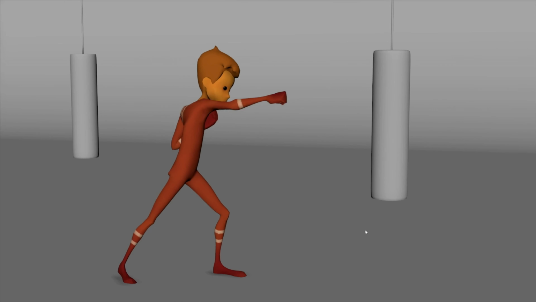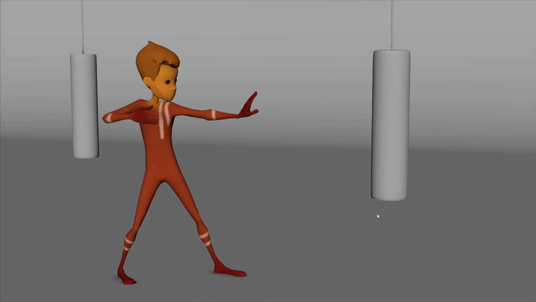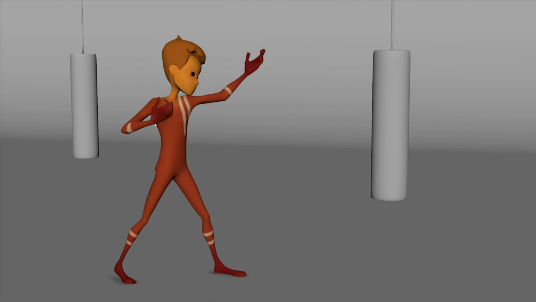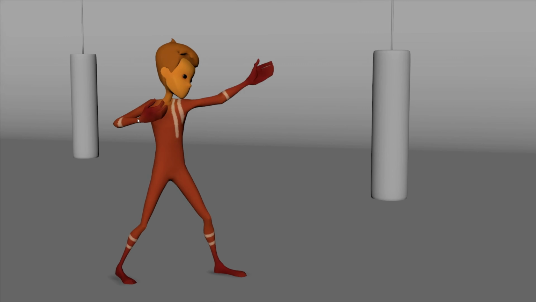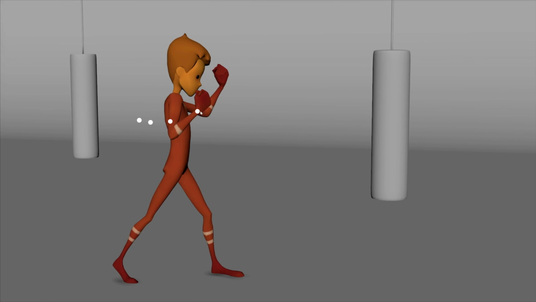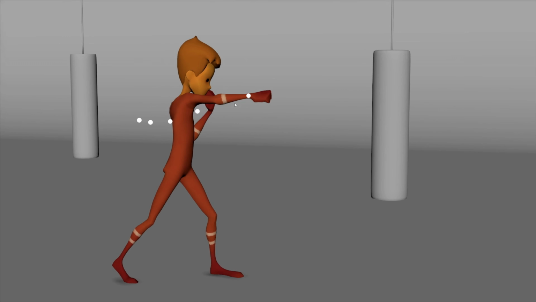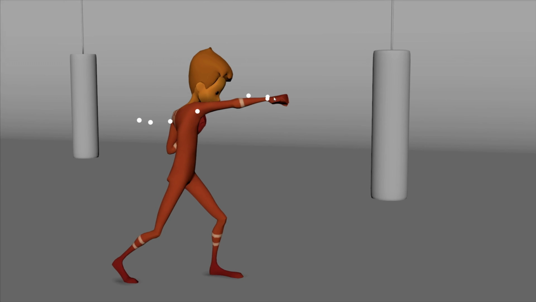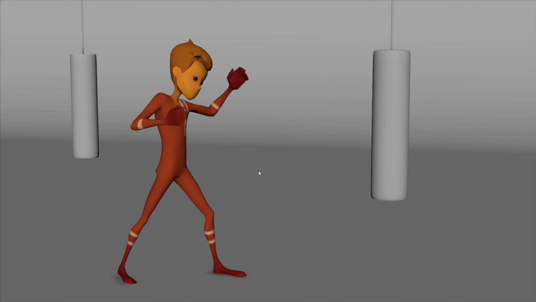And then going to the next movement here, pay attention to the spacing of this hand. From here to here it starts slow, then it gains speed. You see how big the spacing here is, and then it stops because the action is over basically. So let's look one more time.